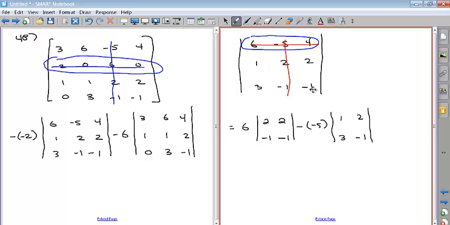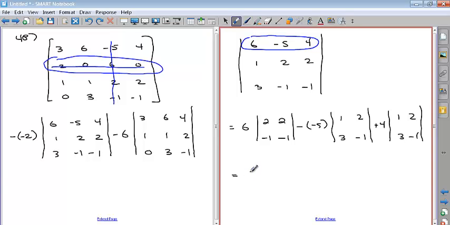You get 1, 2, 3, -1. And then finally, you take this number, which is positive because of where it is in the determinant. And then you multiply. So if you cross this out and that out, you're left with this 4, which is 1, 2, 3, -1.